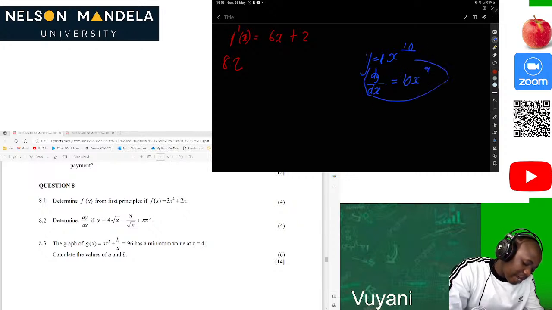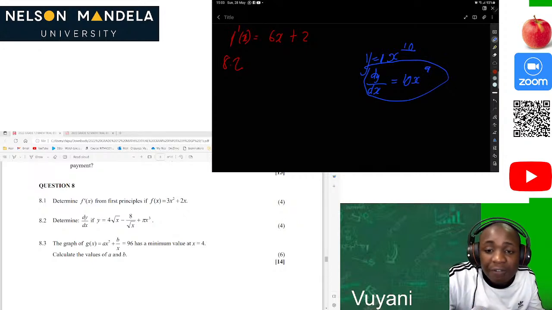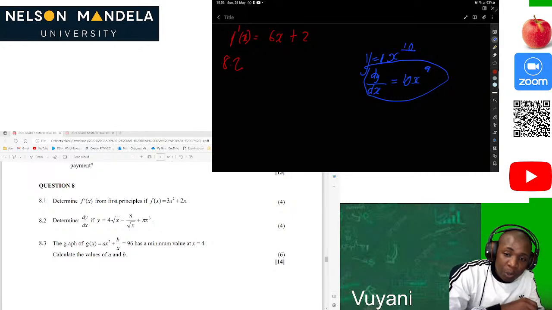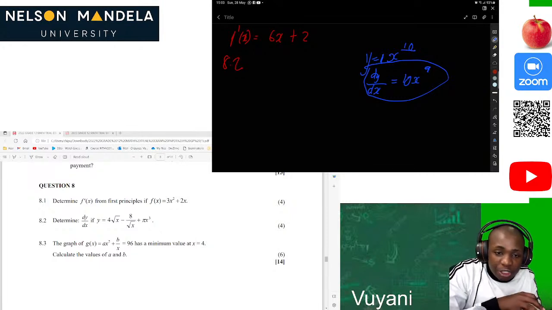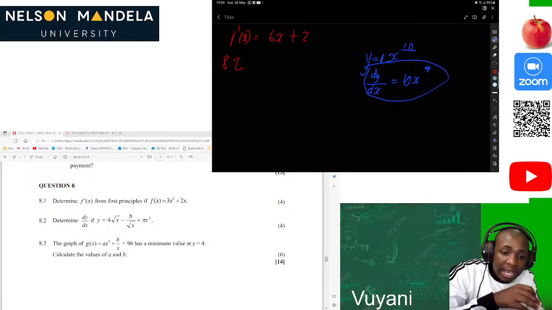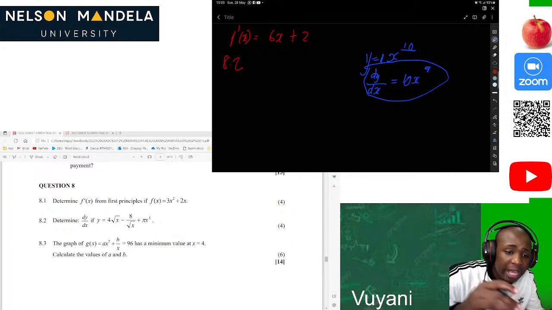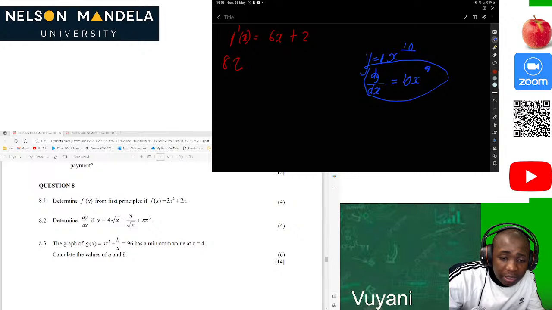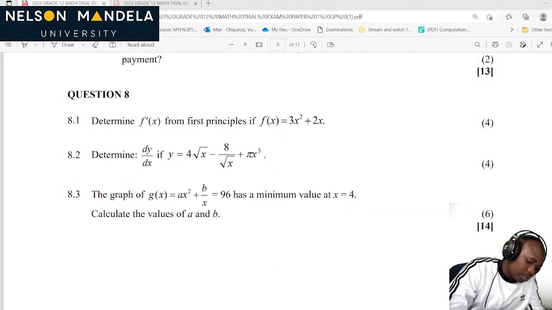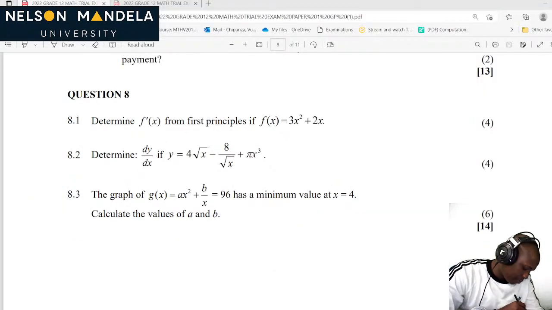So here we've already derived this, okay, without using first principles. So we want to use the same knowledge and same methodology to calculate 8.2. So on 8.2, we are given, let's open it wide again. Here it is.